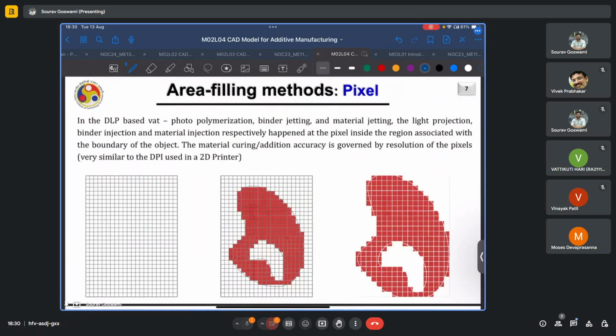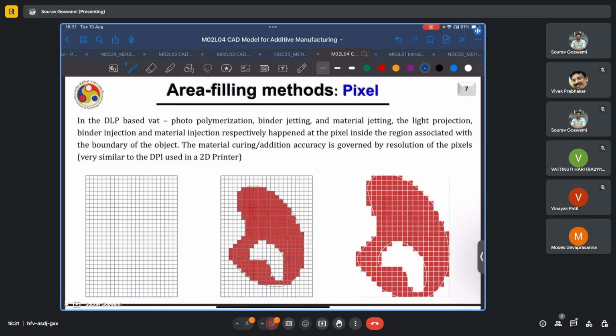A second method of filling the area is by pixel discretization. Pixels, as we are aware, are tiny areas into which we divide any surface, and depending on the size of your pixel, the resolution of your process is defined. So if you work with very tiny pixels, that is your unit area is small, you have better resolution, you can capture smaller features and more distinct geometries.